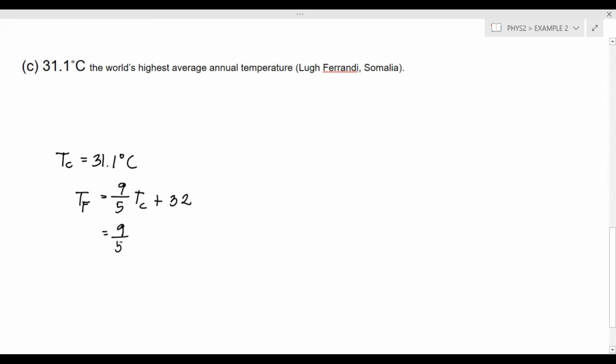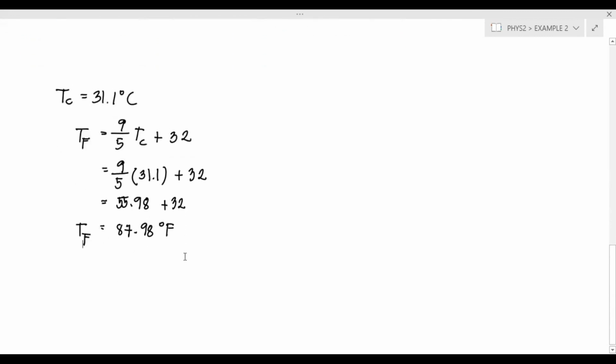So 9/5 times 31.1 plus 32. 9/5 times 31.1, that's 55.98, plus 32. You will get 87.98 degree Fahrenheit. So that is how you convert from degree Celsius to degree Fahrenheit.